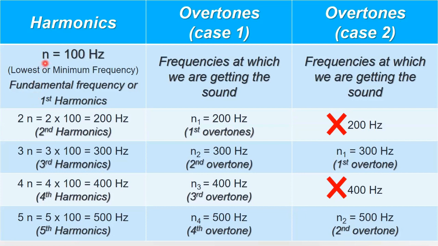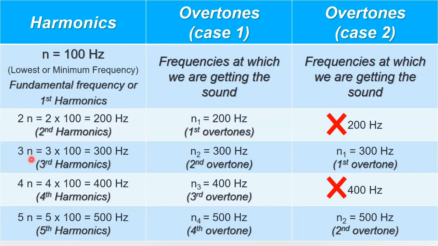Now if you multiply this N, and the value of N is 100, by 2, then it will become 2 into 100, that means 200 Hertz. So 200 Hertz is called the second harmonic. Why are we calling it the second harmonic? Because this N is multiplied by 2.